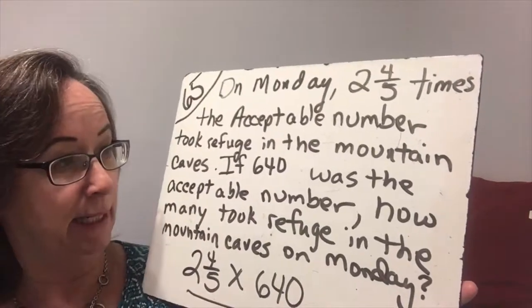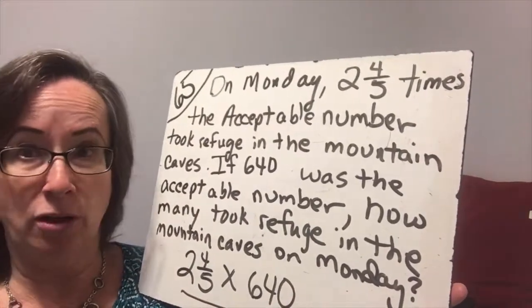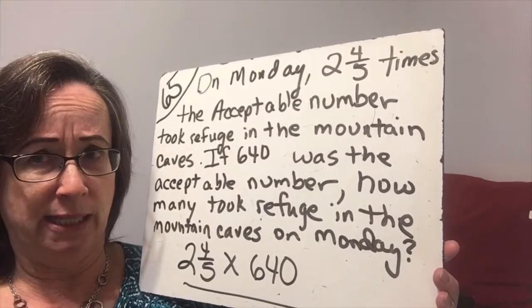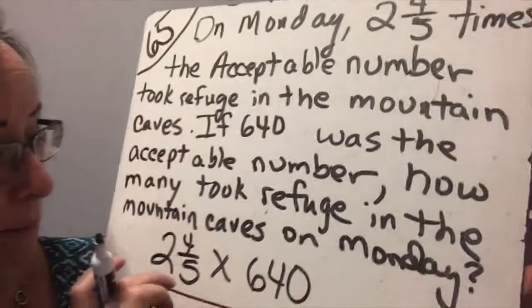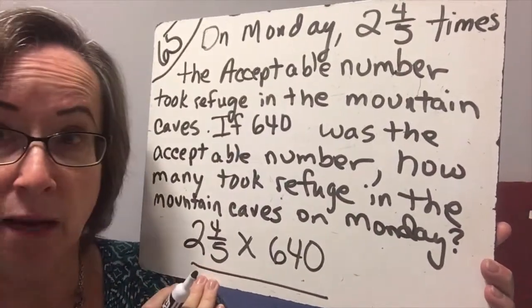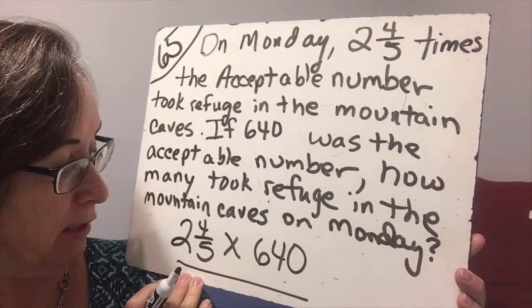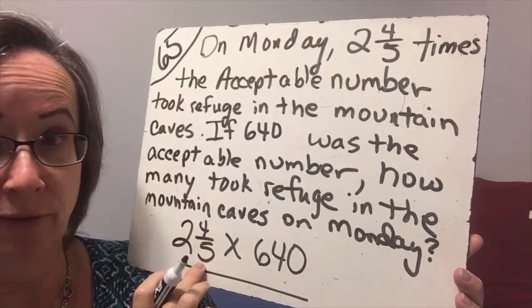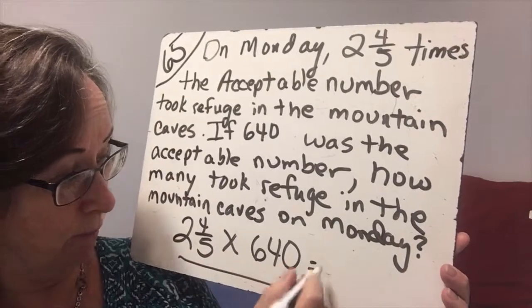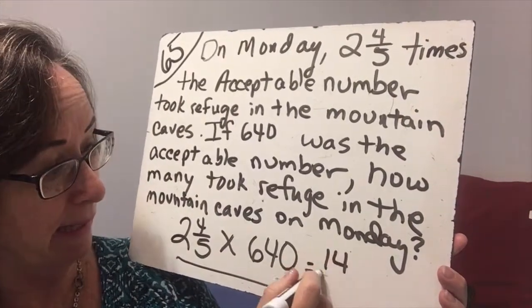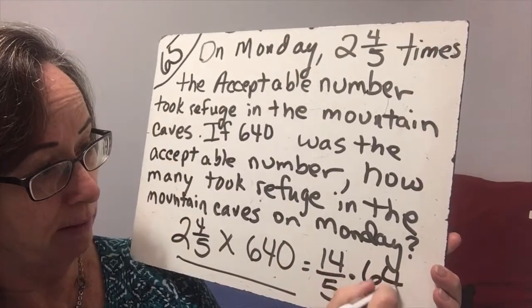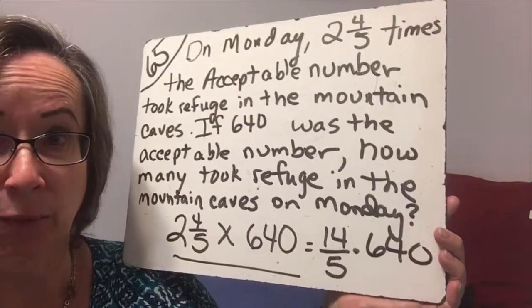And this is how many took refuge on Monday. So all we have to do is multiply that. That's pretty easy, isn't it? So remember, when we're multiplying, we always want to turn our mixed numbers into an improper fraction. So 2 times 5 is 10, plus 4 is 14. So 14/5 times 640. That's all we have to do.